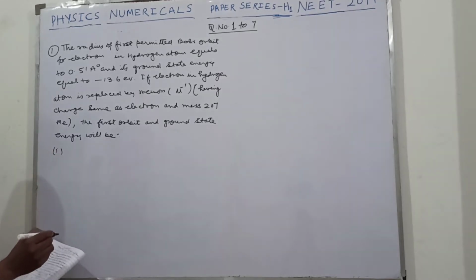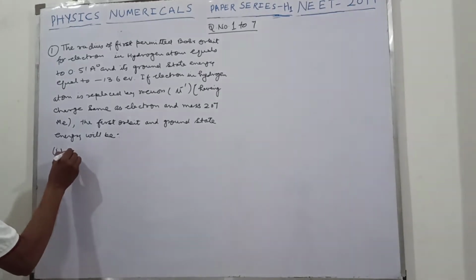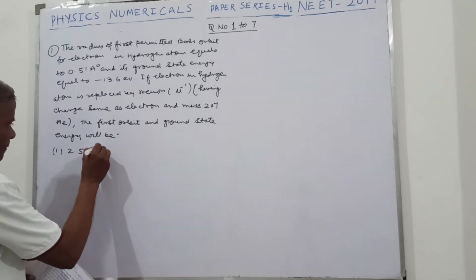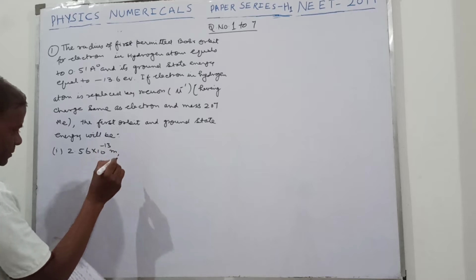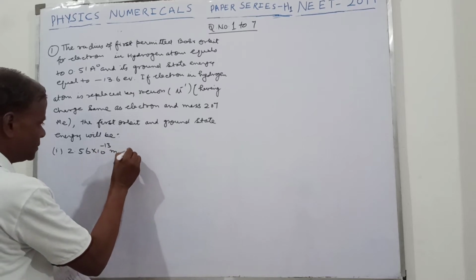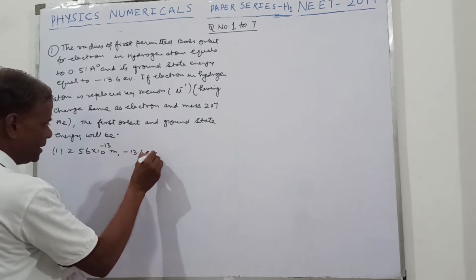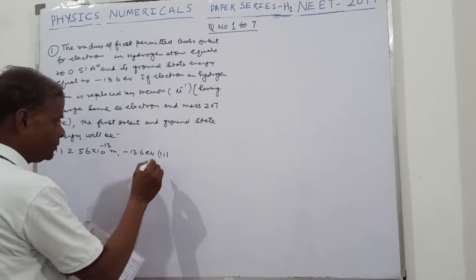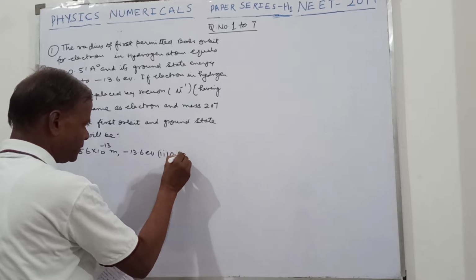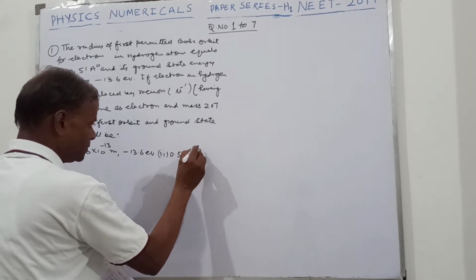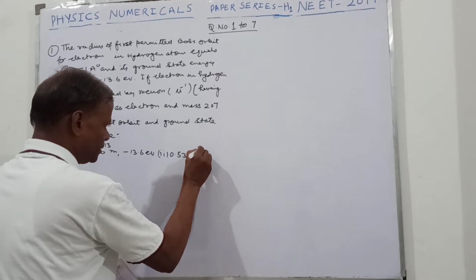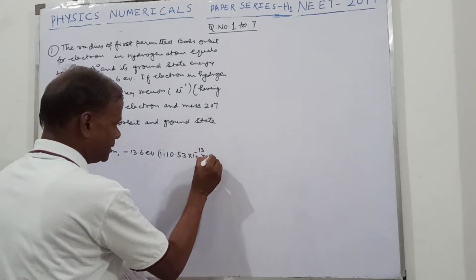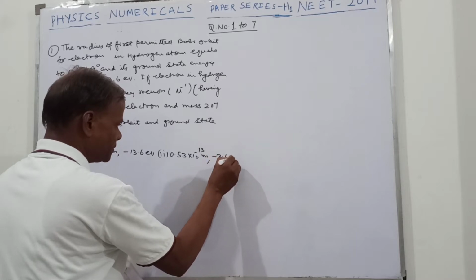Now your first option is 2.56 into 10 raised to the power minus 13 meter, and minus 13.6 electron volt. Second is 0.53 into 10 raised to the power minus 13 meter, and energy is minus 3.6 electron volt.